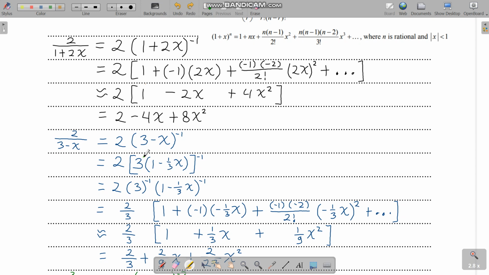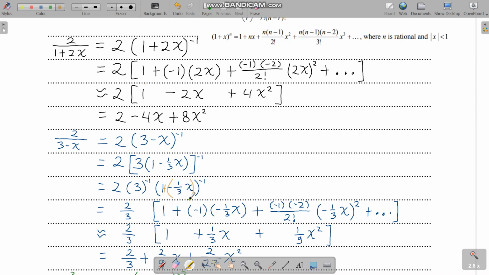Now remember, this 3 is also to the power of minus 1. So the 3 is to the power of minus 1, and (1 minus 1/3 x) also to the power of minus 1. This is actually 1/3. So we have 2 times 1/3, which is 2/3 from here. And you can now use the binomial expansion because now it is 1. Okay, it doesn't have to be plus here, minus is okay. So it's like plus minus 1/3 x.